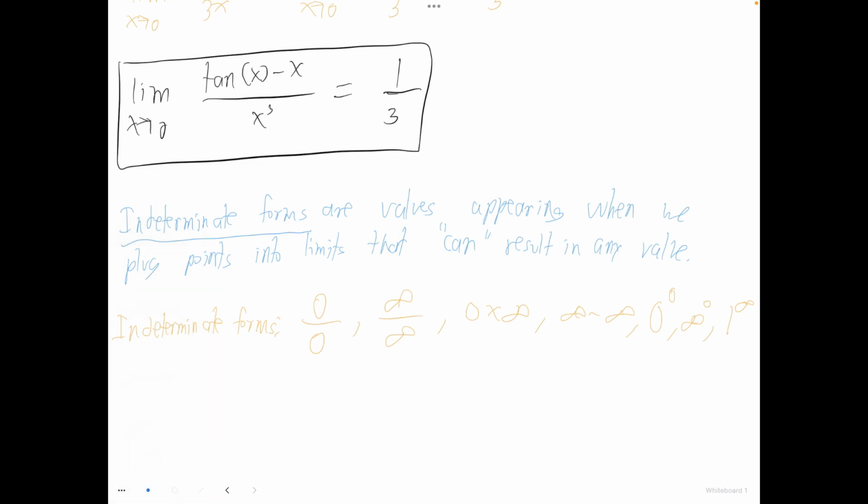So far, we've talked about how to deal with these 2. So these 2 you apply L'Hopital's rule to. 0 over 0 and infinity over infinity, we directly apply L'Hopital's rule to. But as it turns out, we can use tricks for the other ones as well. The next 2, 0 times infinity and infinity minus infinity, we're going to talk about in this video.